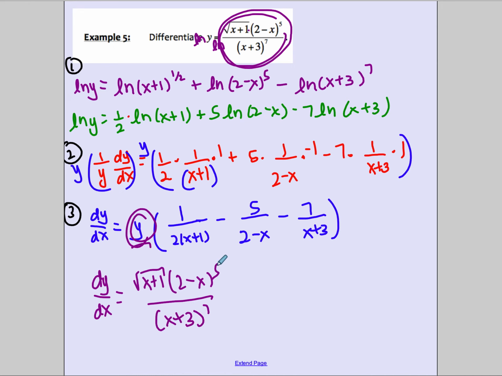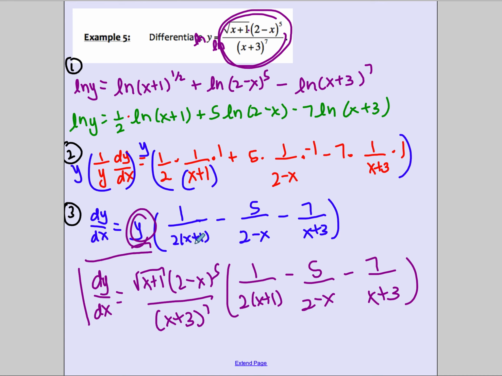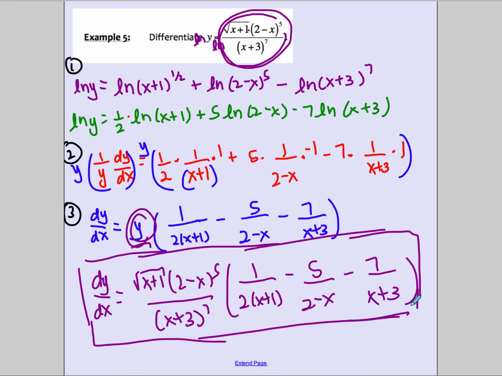So it's rewriting what y is. And now I'm going to rewrite this part in parentheses. And this whole thing is our derivative of example 5.